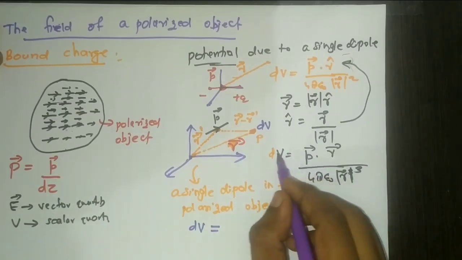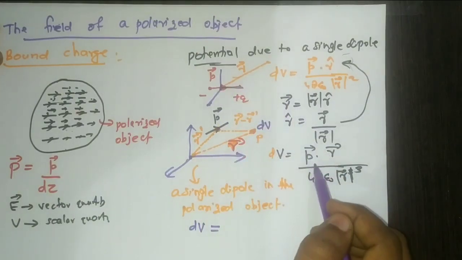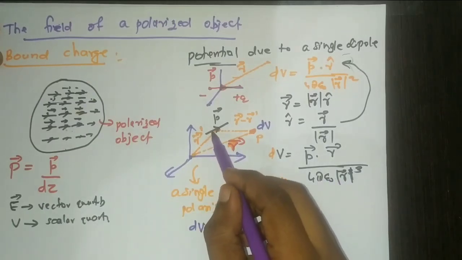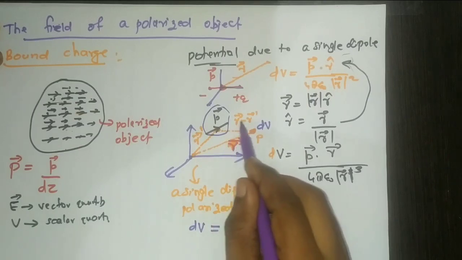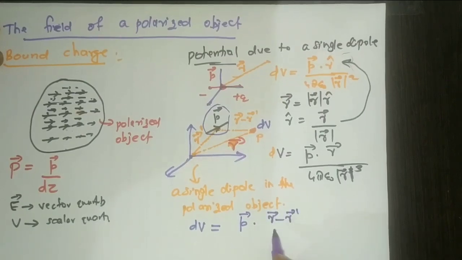Here the potential due to this dipole at a distance r was given by this expression. Similarly, potential due to this dipole at a distance r minus r prime can also be written in a similar fashion, that is (r minus r prime) divided by, here 1 by 4 pi epsilon 0 is there.